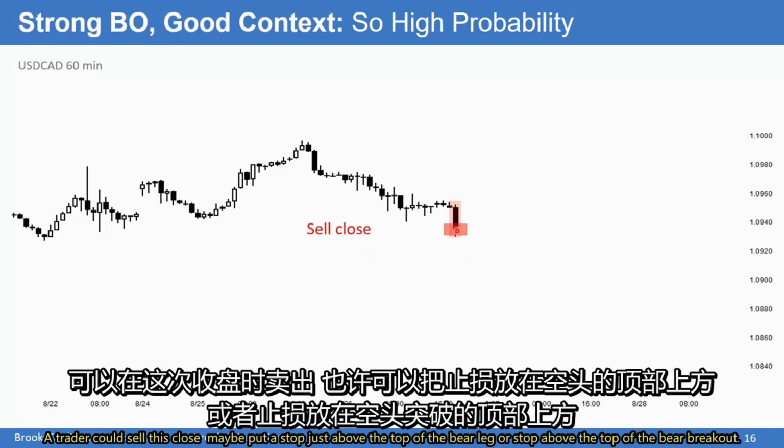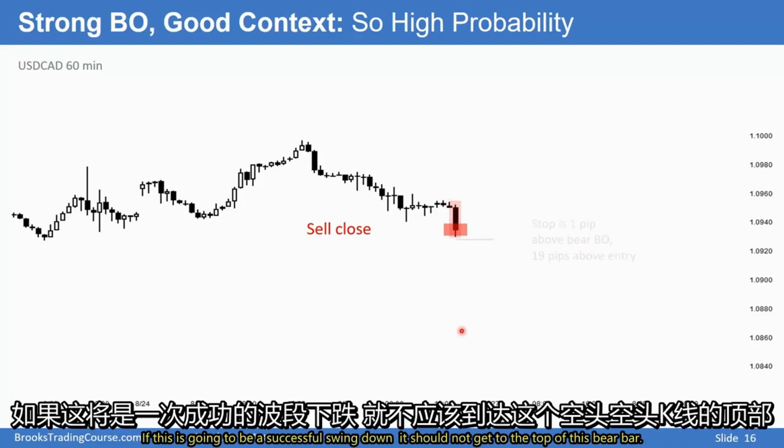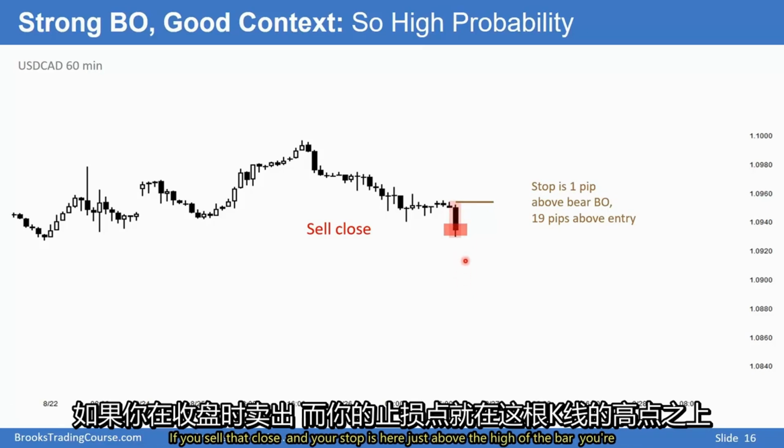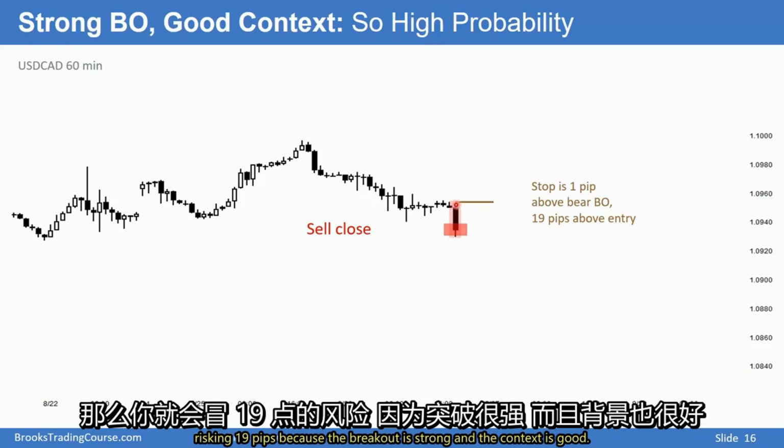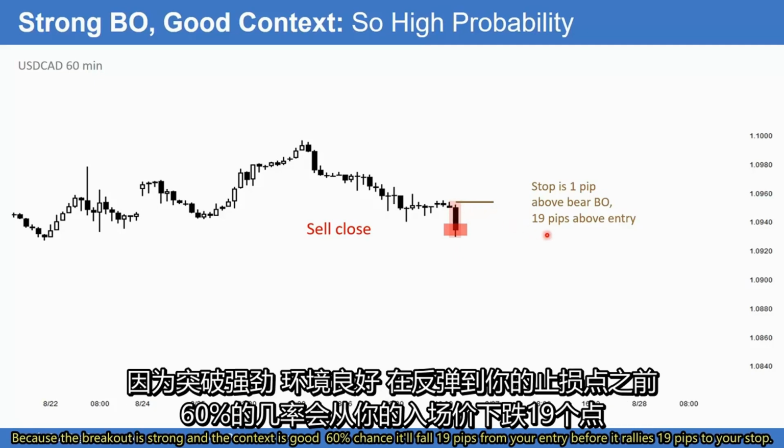A trader could sell this close, maybe put a stop just above the top of the bear leg, or stop above the top of the bear breakout. If this is going to be a successful swing down, it should not get to the top of this bear bar. If you sell that close and your stop is here, just above the high of the bar, you're risking 19 pips.